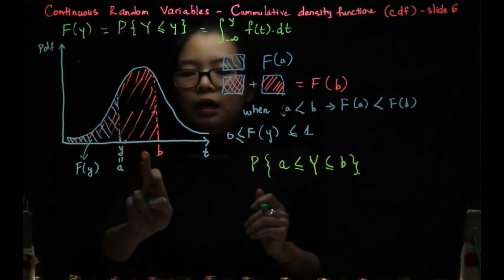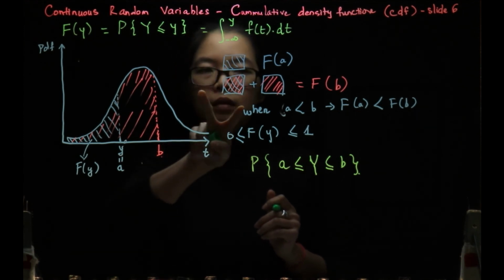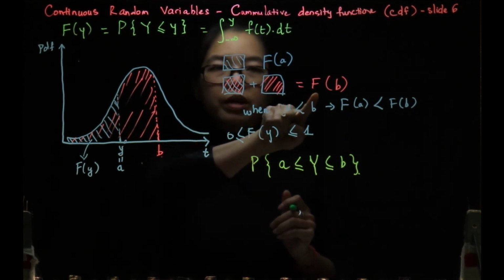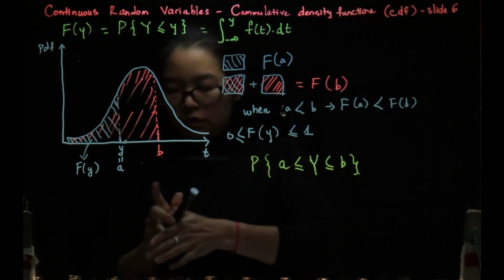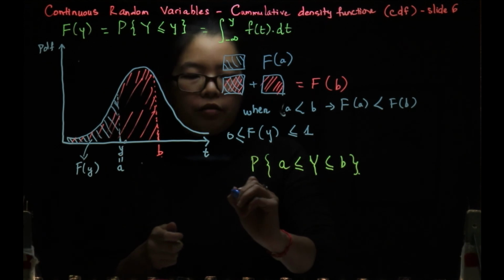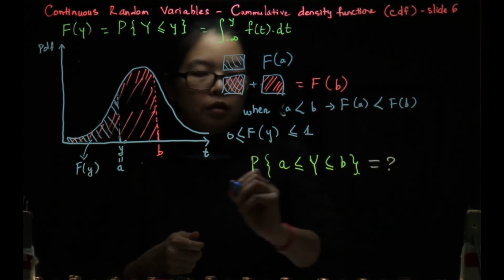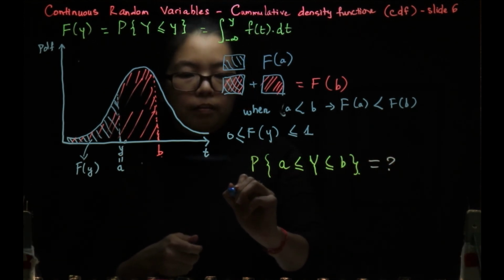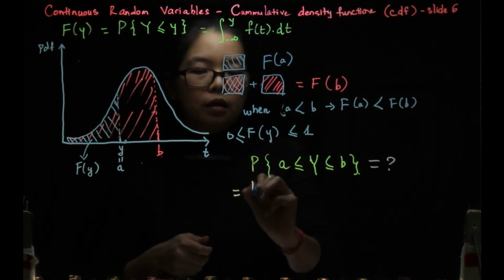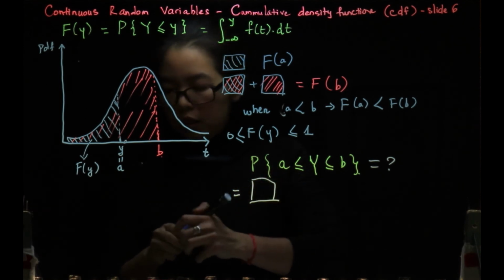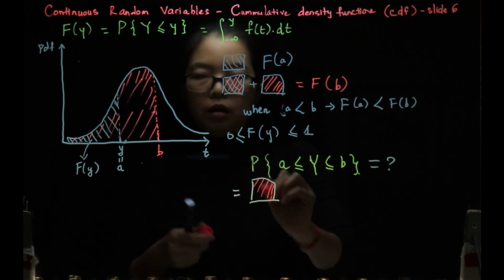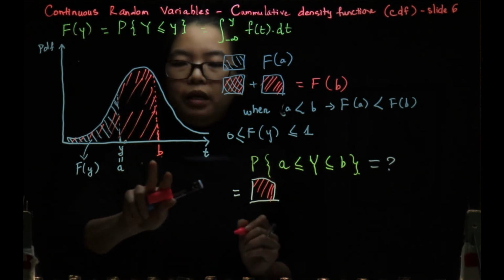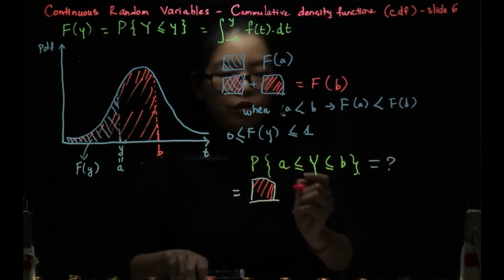So to take the area, simply take F(B) minus F(A), right? Then we could have equals, this is only the one marked with pink on the graph, right? The area between A and B below the PDF curve.